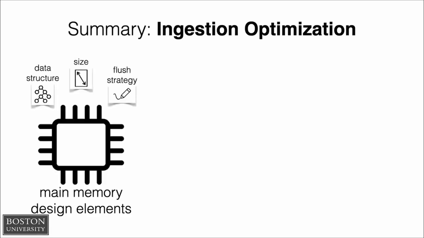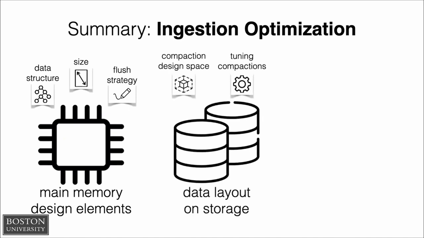We began by looking at the different main memory optimizations, design choices that we had. Namely, we talked about the different data structures, the size of the buffer itself, and how we can have a lazy flushing strategy as opposed to an eager one to enhance the throughput for ingestion. Second, we looked at the storage layer optimizations. We talked about the whole compaction design space of LSMs, and how we can tune and come up with probably even our new compactions in the interest of performance.